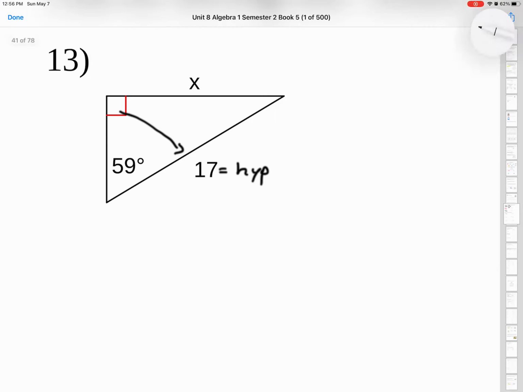Now, what we have to ask ourselves is which trig function are we going to use? So there's kind of a process that I would jot these down. So the first one is, what is our trig function? Which one are we going to use here?